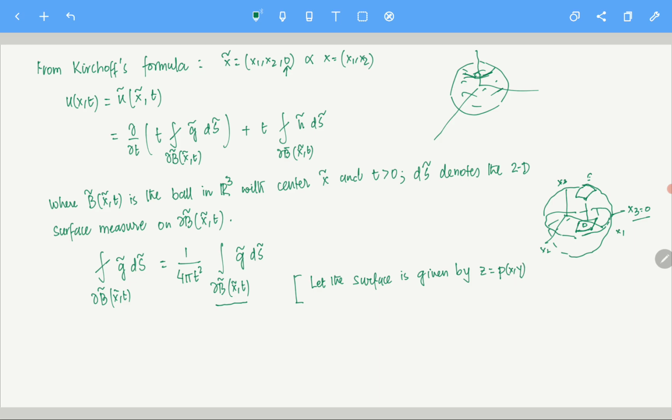So basically it's the graph of some function. Let's say you have the surface which looks like z equals to p of xy.